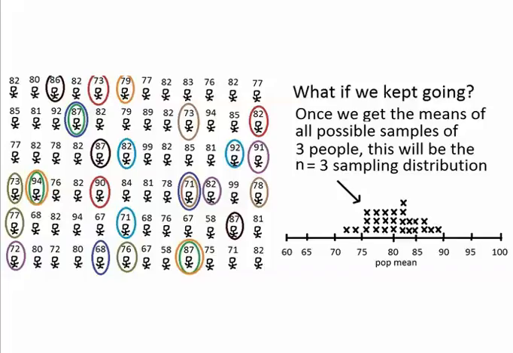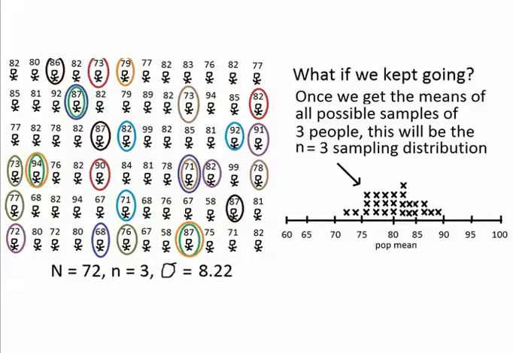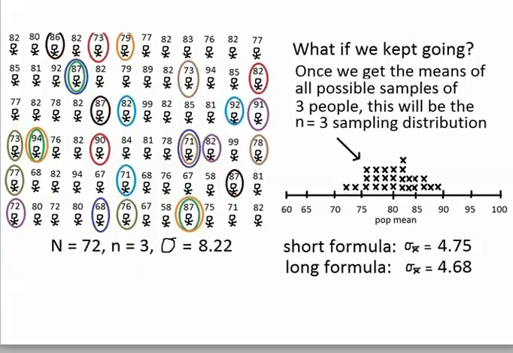So here's, well, I'll skip over this example. Oh, I think what I was just trying to show you here is that if you wanted to find the standard error for all possible samples of 3 people that could be selected from this population, the long formula and the short formula would give you about the same answer because the population is quite a bit bigger than the sample size.